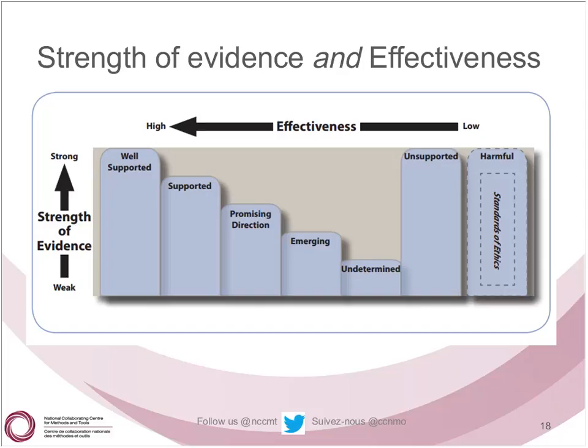So we're not intending to be rigid here that the effectiveness has to be super high and the strength has to be super high, because that's not always the case. However, we do want to move along this continuum as far as we can toward those highly effective and strongly supported by evidence interventions.